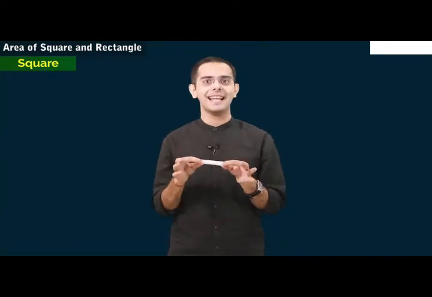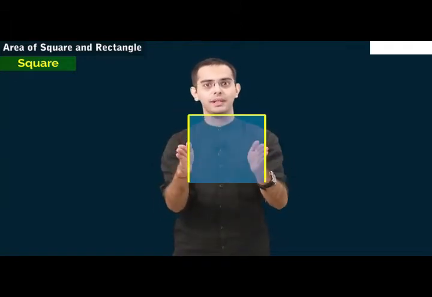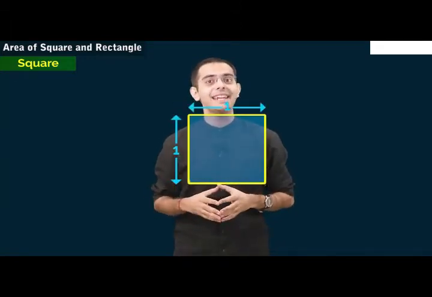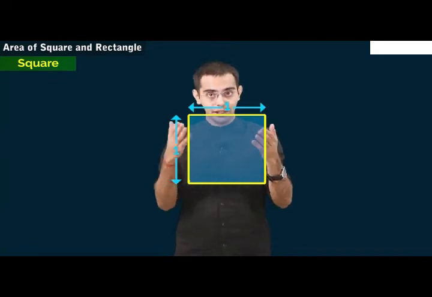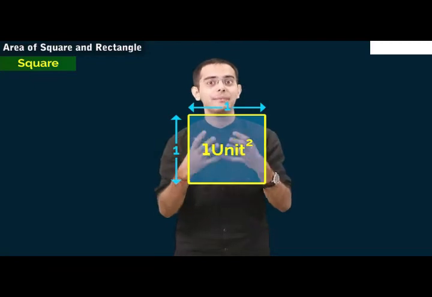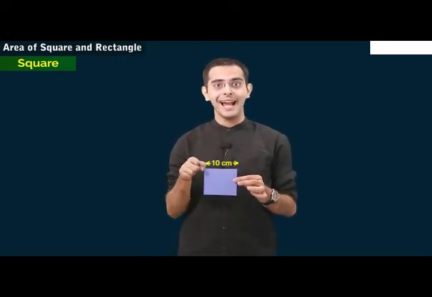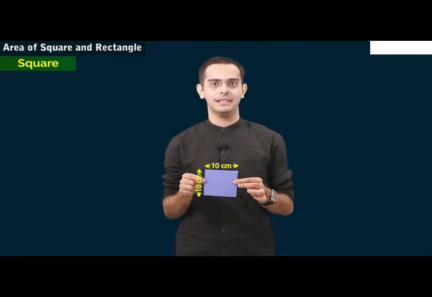Now let's understand this activity by using some numbers. Now let's say if we have a square of side 1 unit, then what will be the area of such a square? So the area of such a square will be 1 unit square. And this type of square is known as a unit square. So now let's take another square shaped paper like this, whose length and breadth are of 10 centimeters each.